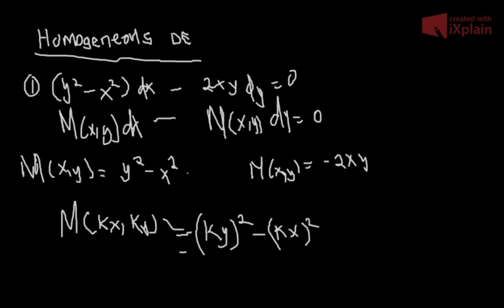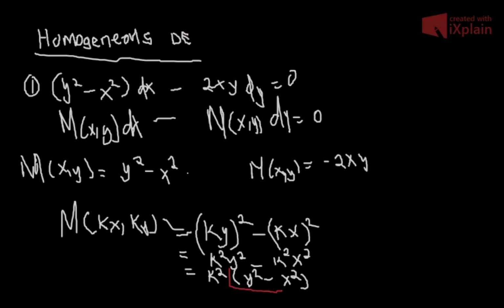Then from there, we will get k squared y squared minus k squared x squared. Then we factor out our k squared, open bracket, y squared minus x squared, right? So now, let's check this.